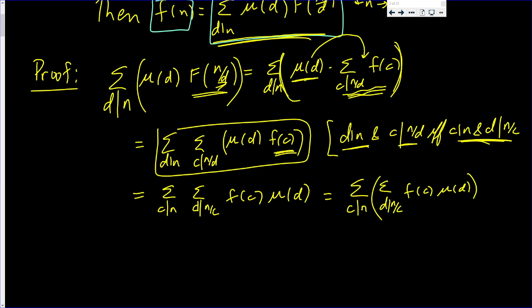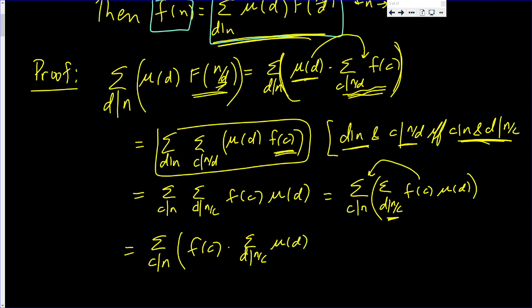In fact, this first summation is only involving d. I can bring that in front. So this is the summation as c divides n of f of c times the summation as d divides n over c of mu of d.